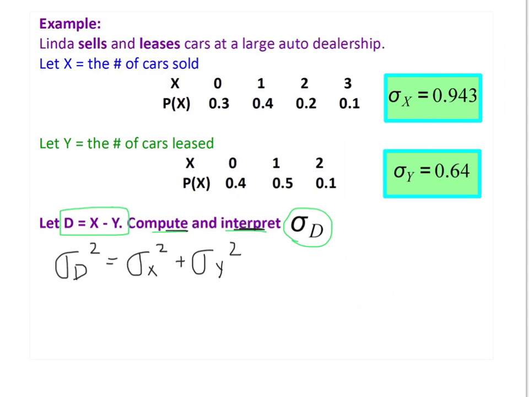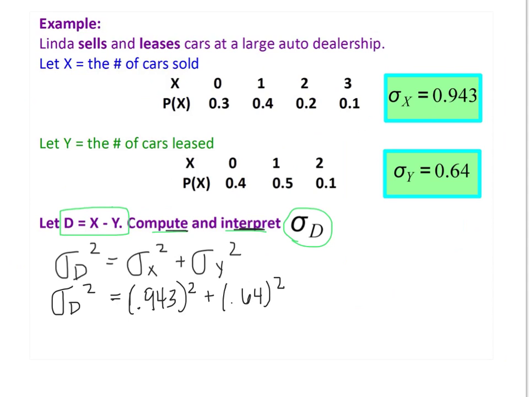So when I go to plug those in, the variance of their difference would be the variance of x. Well, I'm given the standard deviation of 0.943, so I'm going to square that to make it a variance, plus the variance of y, 0.64.